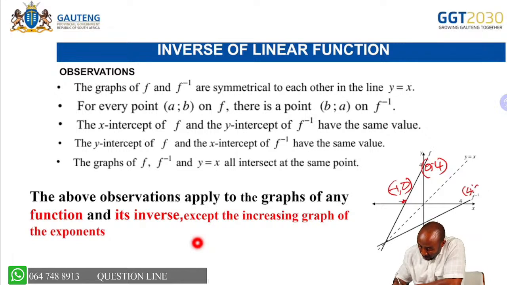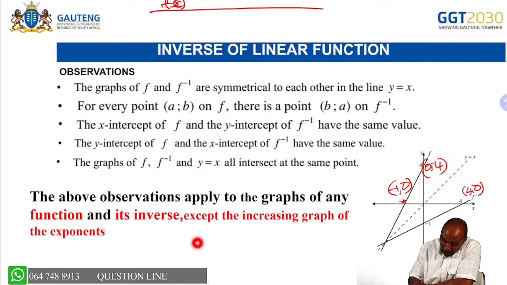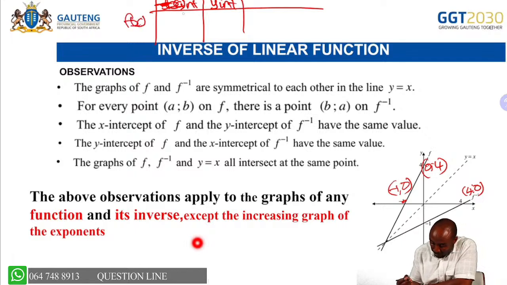4 and 0. The table I was making, I said f of x, we had our x-intercept and y-intercept. We said for f of x, our x-intercept was negative 1 and 0. Our y-intercept was 0 and 4.